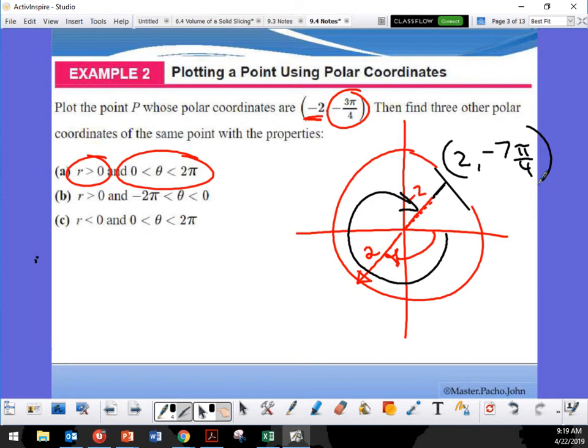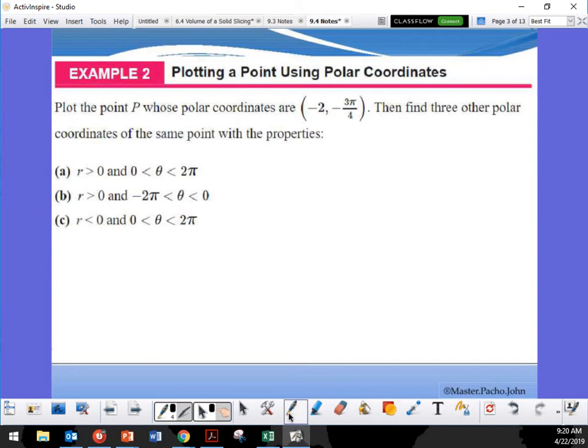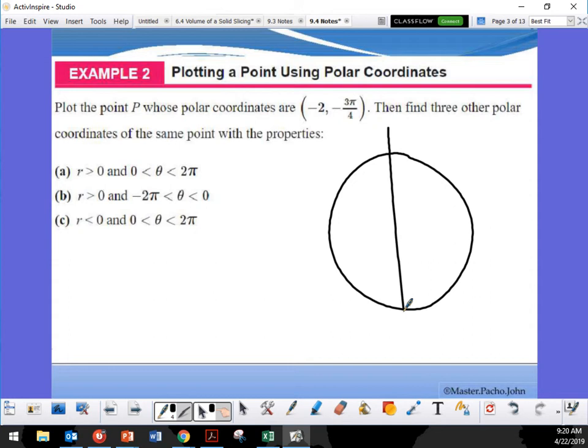And now this one, my radius is going to be negative. Let me just clear this up. Circle again. I'm supposed to end up right over, so going that way, and that's 2, and this way is -2.